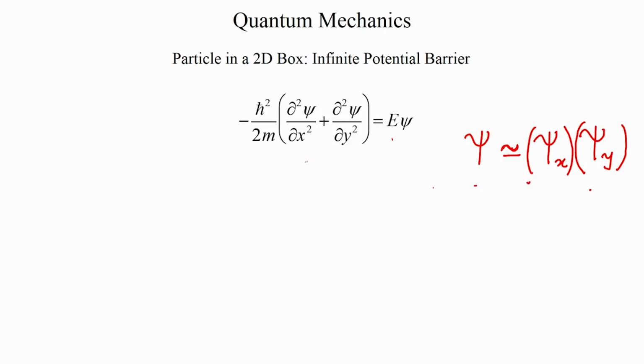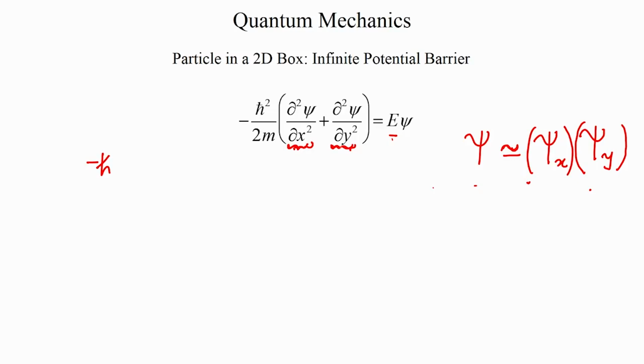If I use this relation, my Schrodinger's equation now has two terms, because you have to consider the momentum in the x direction and the momentum in the y direction. That's my total energy, and my potential is still 0. So it's just the time independent Schrodinger's equation written out in the 2D case.